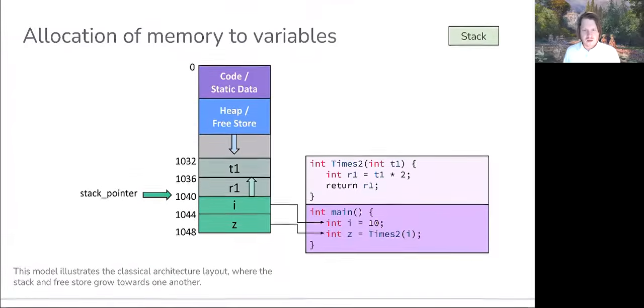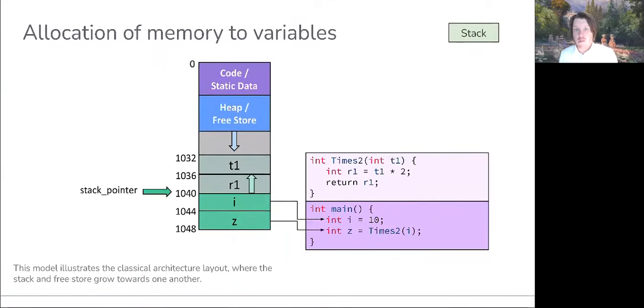So what happens when we return from times 2? Well, in this case, the stack pointer is going to be brought back in the opposite direction. Now, if you recall from the previous lesson, I mentioned that C++ doesn't zero anything out. So technically, at this point, when we've returned to the activation record for main, R1 and T1 in these places in memory still hold their previous value.